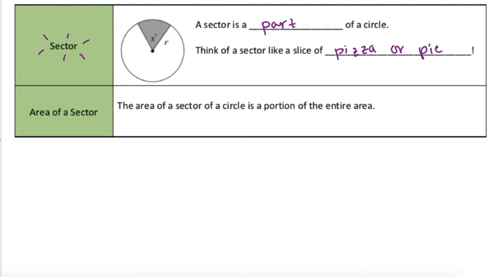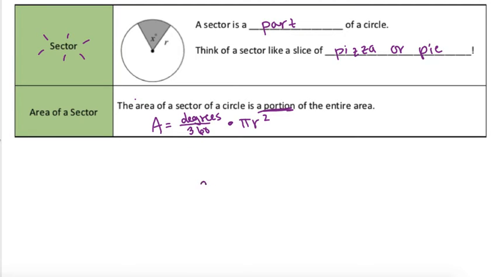So how do we find that area? The area of a sector of a circle is just a portion of the entire area. So the way we do that is we say, okay, how many degrees do you want out of 360 of the pi r squared?